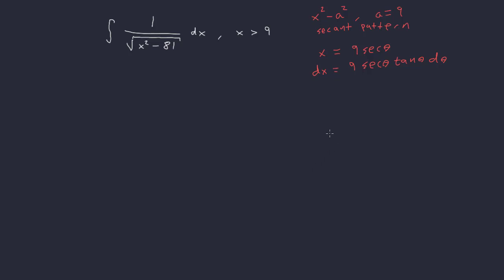All right, now we're going to put our pieces in here. So underneath the square root now, the x squared, when we square this, is going to become 81 secant squared theta minus 81.